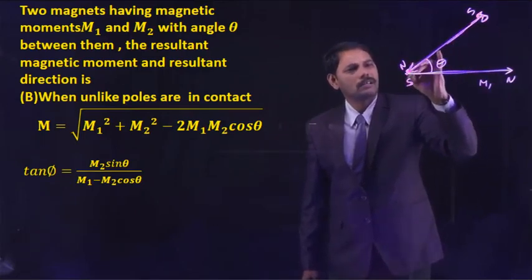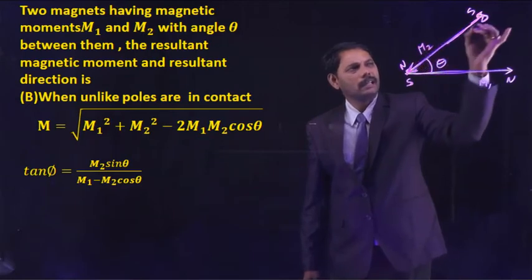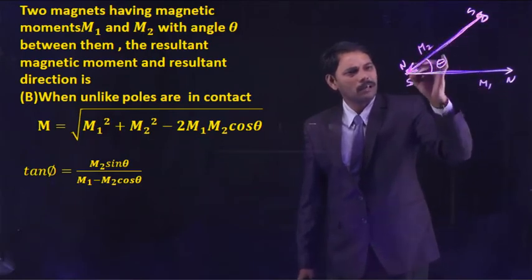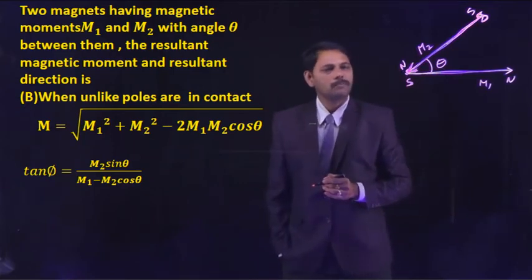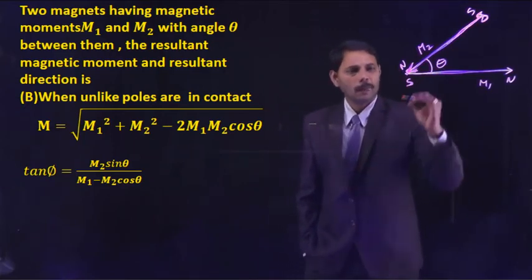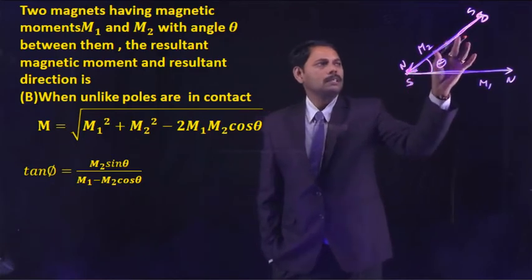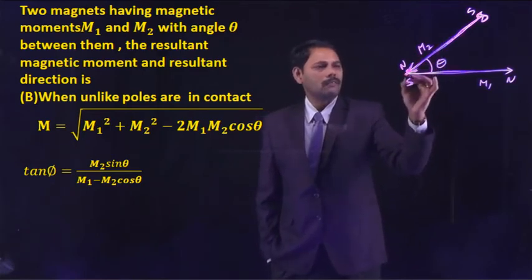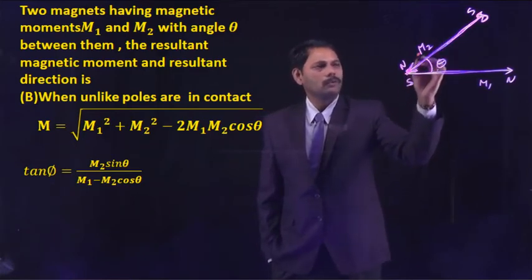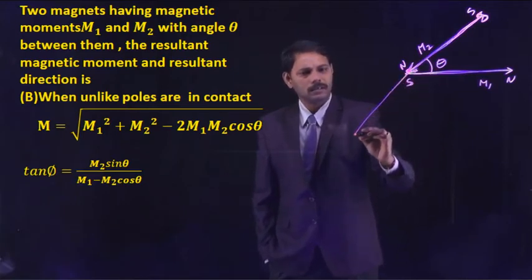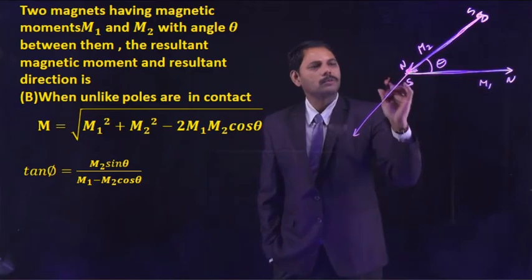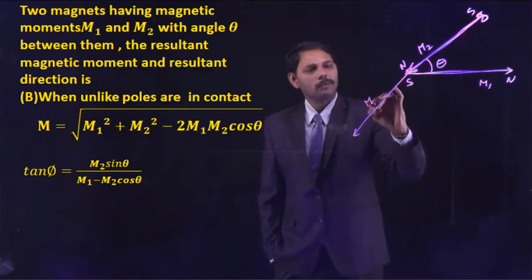M2 is directed in this direction, look at the arrow mark. This is the direction of the magnetic moment M2 of the second magnet. Now draw the equivalent vector of M2 here.